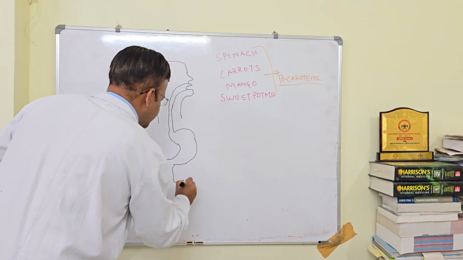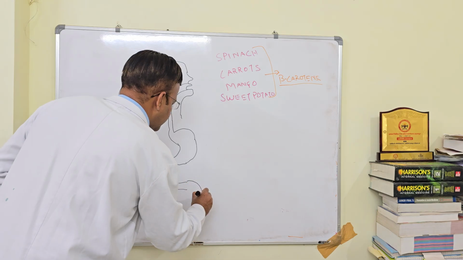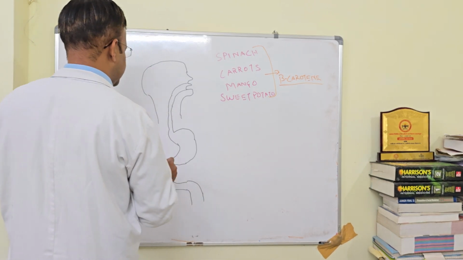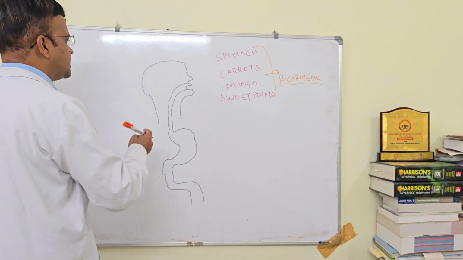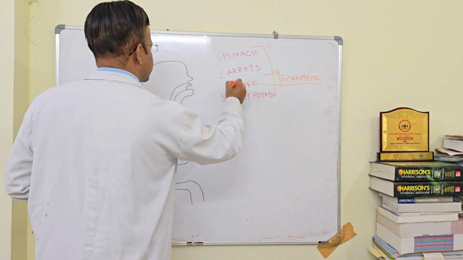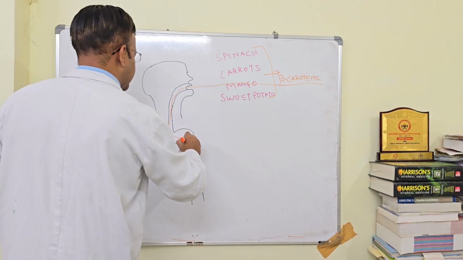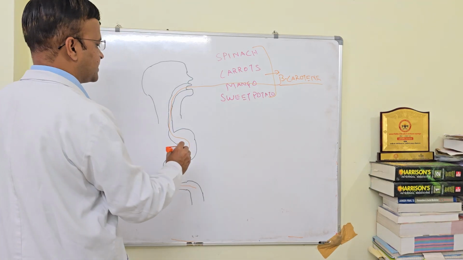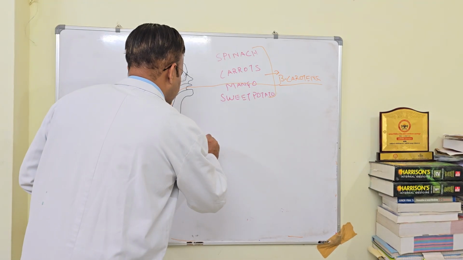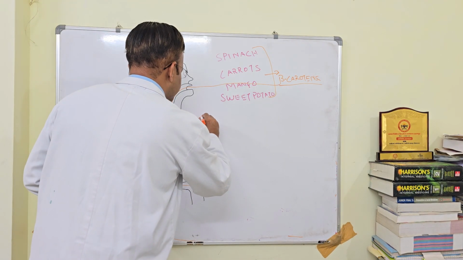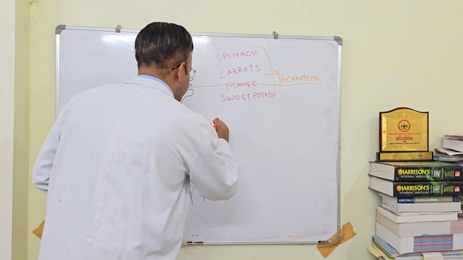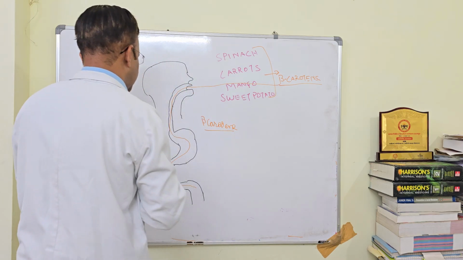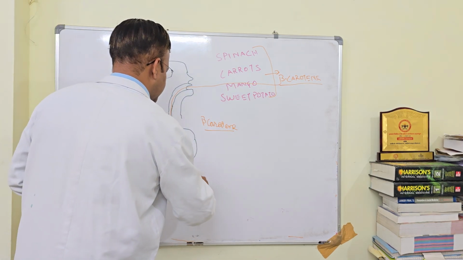And when this food reaches the proximal part of the small intestine, one enzyme is actually waiting for all this beta carotene which has gone inside, to metabolize it. And what's the name of that enzyme?